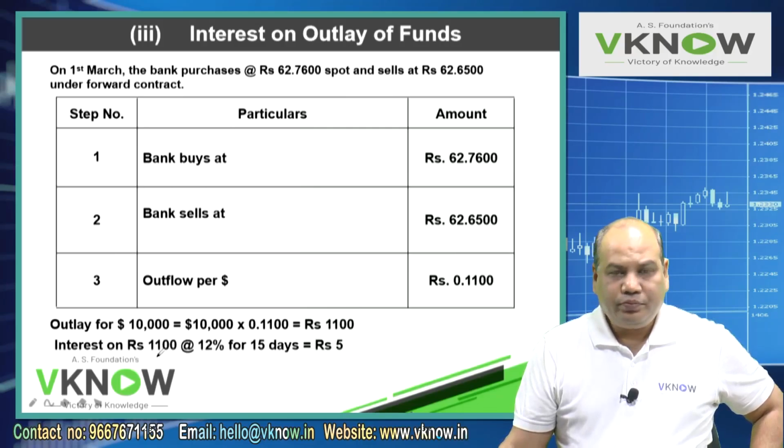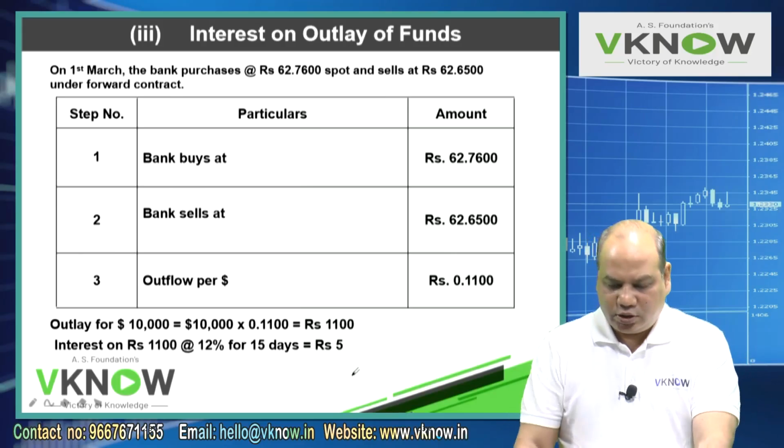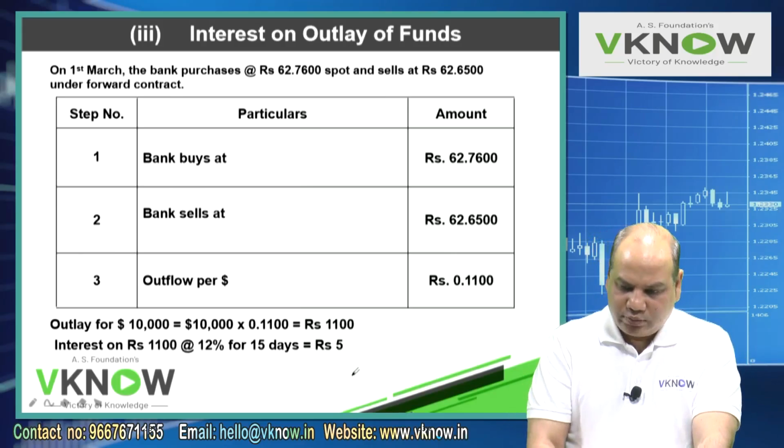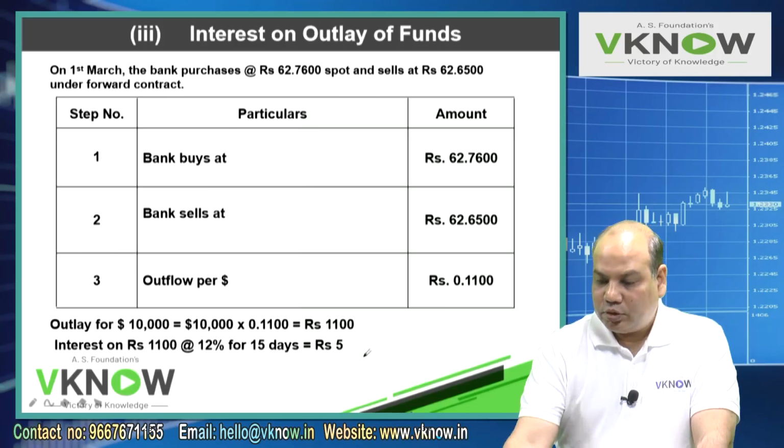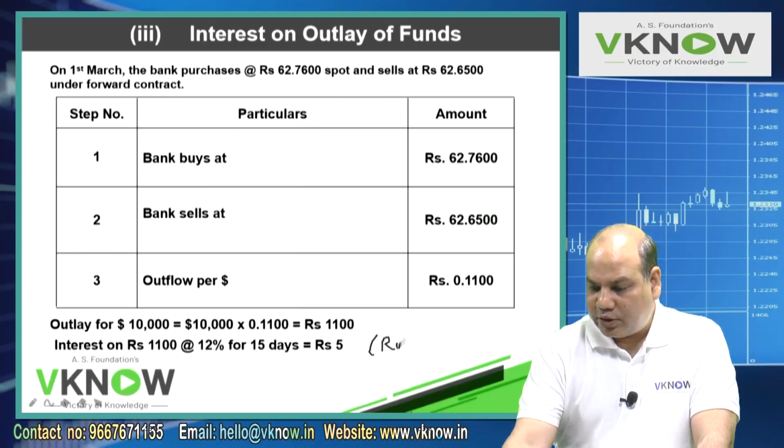So interest on 1100 at the rate of 12% for 15 days: 1100 into 12% into 15 divided by 365 gives 5.42. So we have rounded off to 5. Otherwise somebody will start shouting for the 42 paise also.